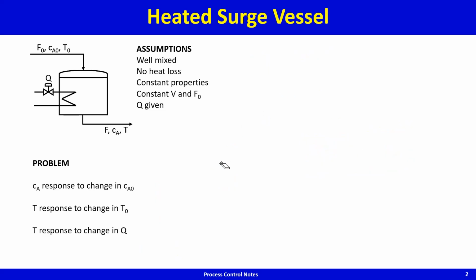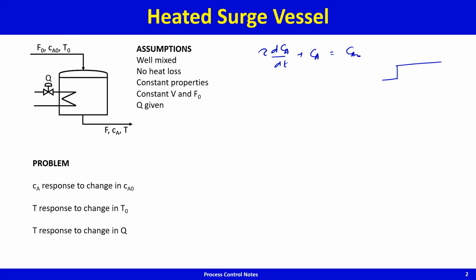To solve that differential equation, we need to use the integrating factor approach, and my governing equation is tau dCa by dt plus Ca is equal to Ca naught, and we will say that Ca naught changes as a step at time t equal to 0.